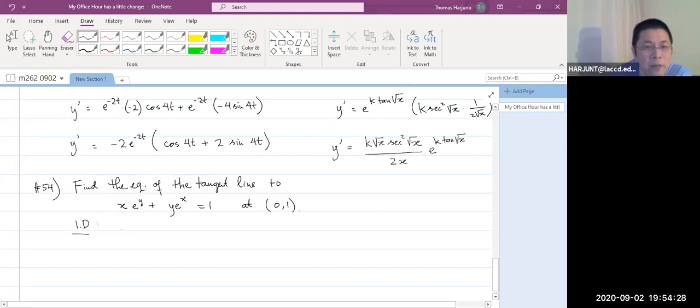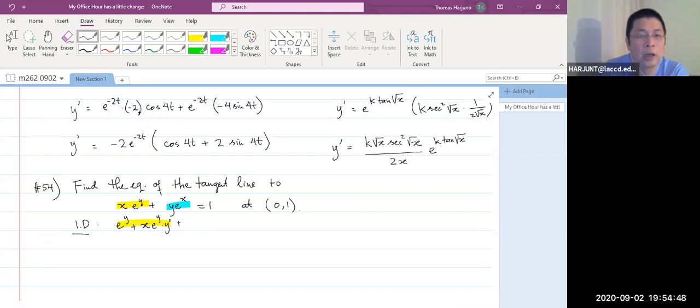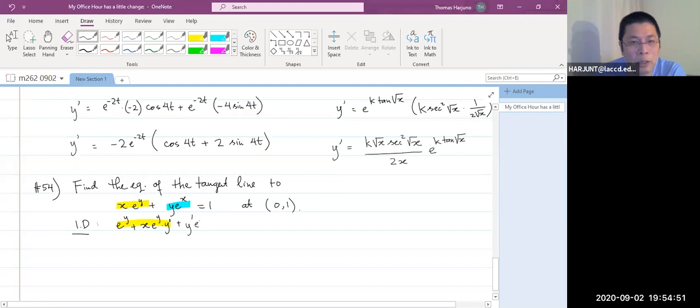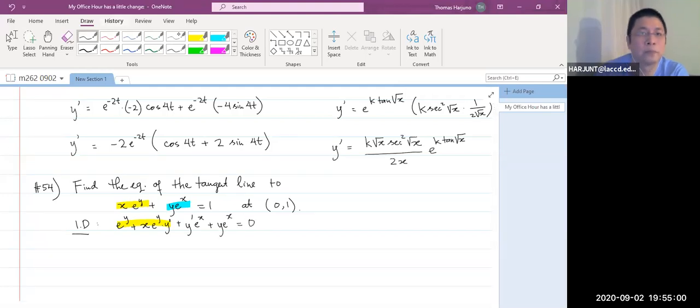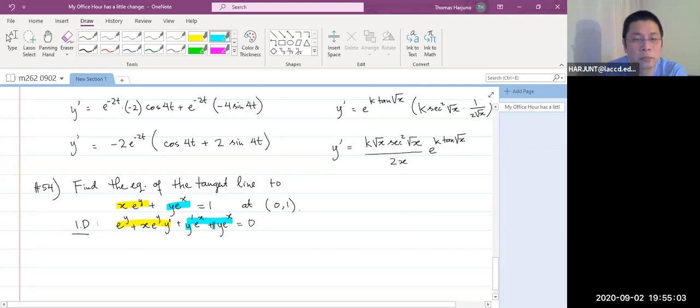When I apply implicit differentiation, that will be e to the y plus x e to the y times y prime, plus, so the derivative of this becomes this, right? And then the derivative of this becomes y prime e to the x plus y e to the x equals 0.